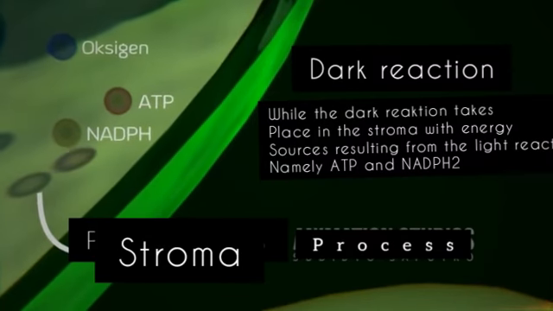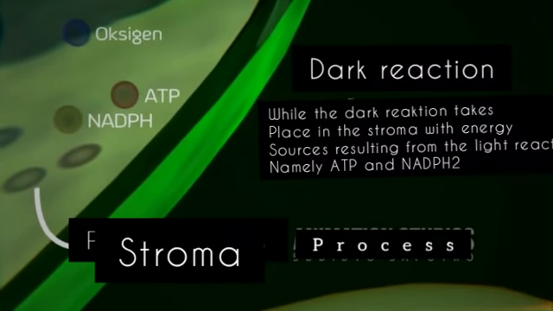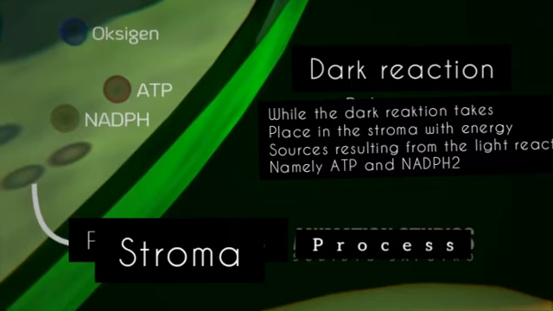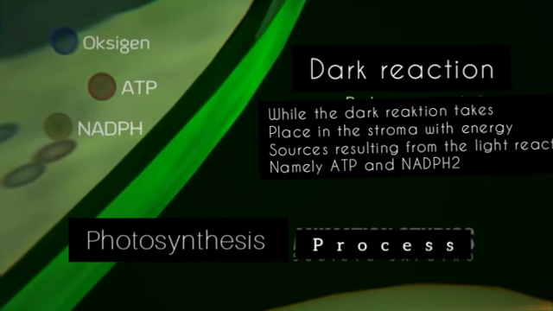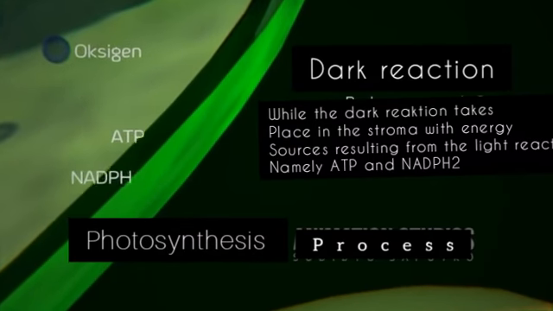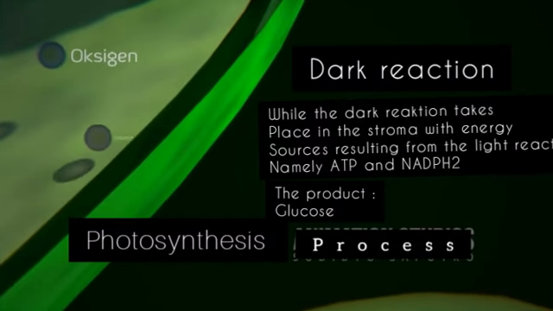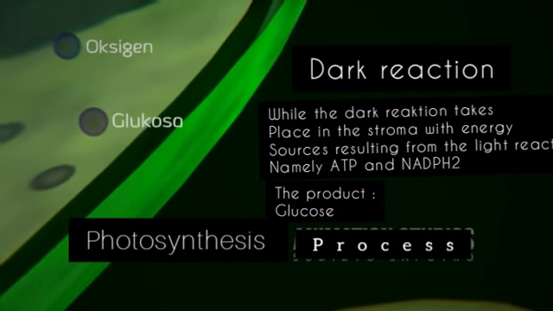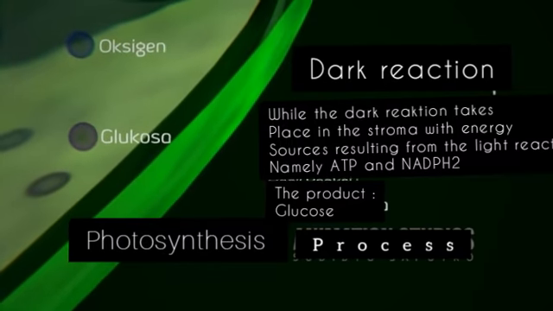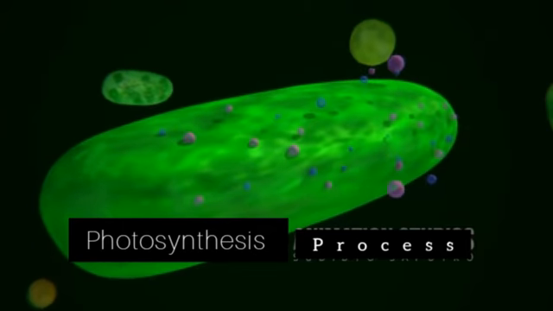While the dark reaction takes place in the stroma with energy sources resulting from the light reaction, namely ATP and NADPH2. The product of the dark reaction is a food substance in the form of glucose.